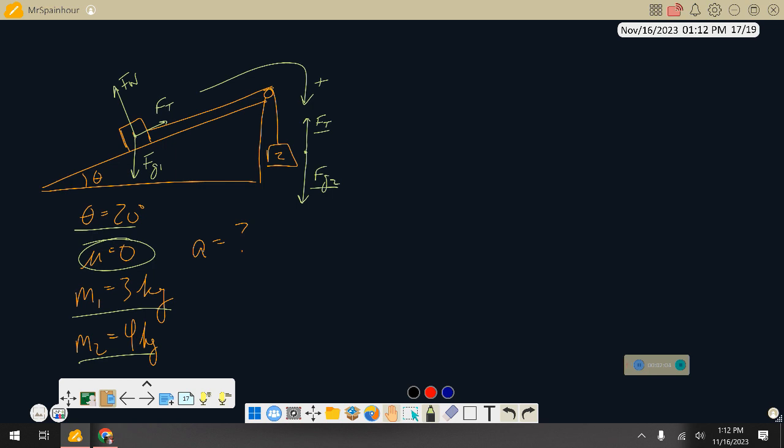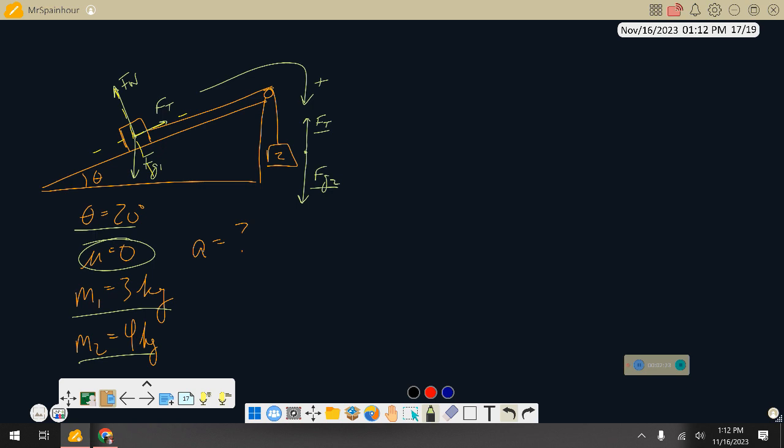So let's begin over here on the left side. Now, typically what we would do on a shifted axis, and this is what we're going to do here, is draw the x, well, not the xy, but the parallel and perpendicular lines.